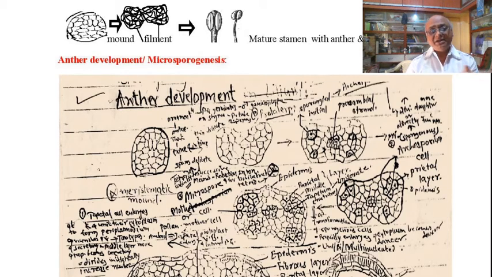The word meristematic itself indicates that it has the ability to divide, so it is called meristematic in nature. This globular mound is called a primordium. This is the first step in the anther development.